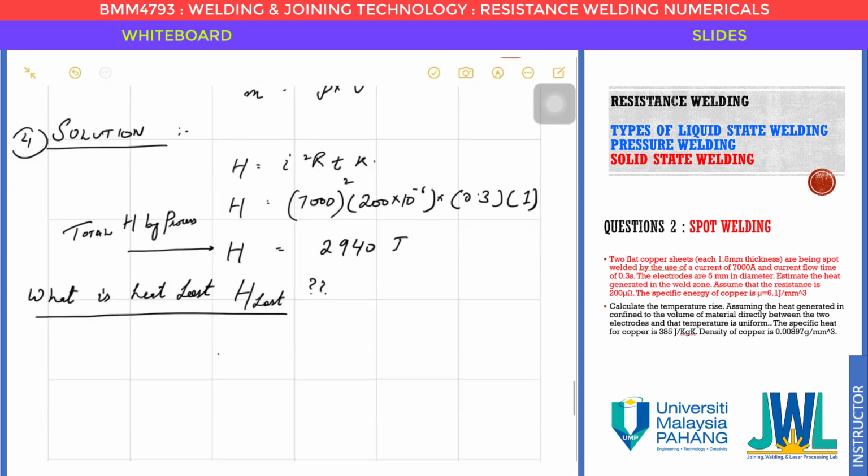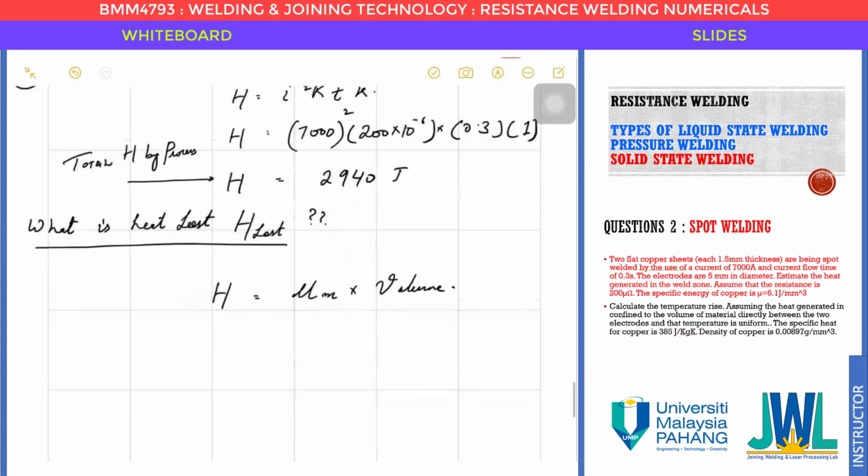Then you will calculate the total heat which is required to melt the material, which is the specific melting energy multiplied by volume. So volume is equal to π × (5 × 10^-3)^2 / 4 multiplied by (1.5 + 1.5) × 10^-3, because we convert millimeter into meter.